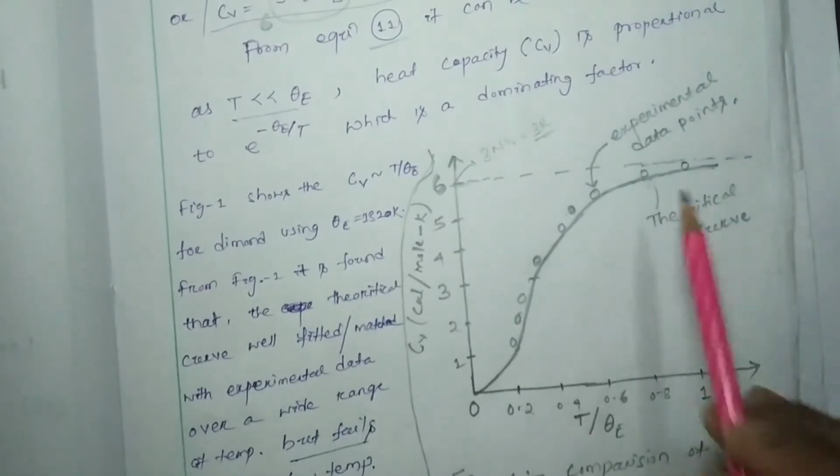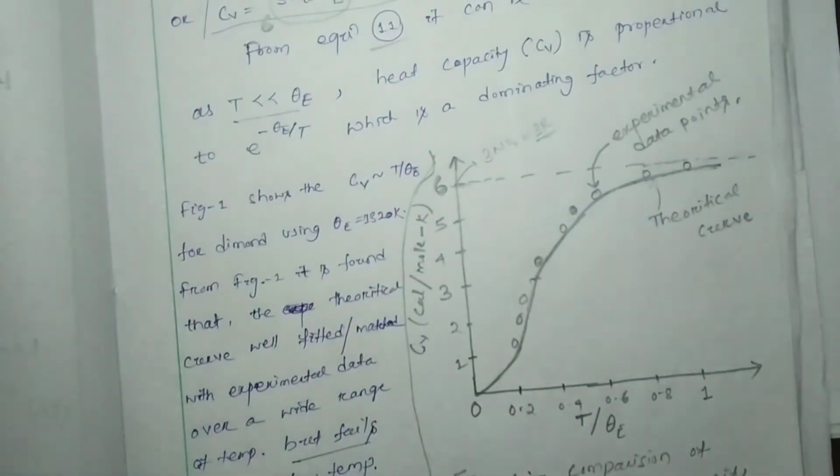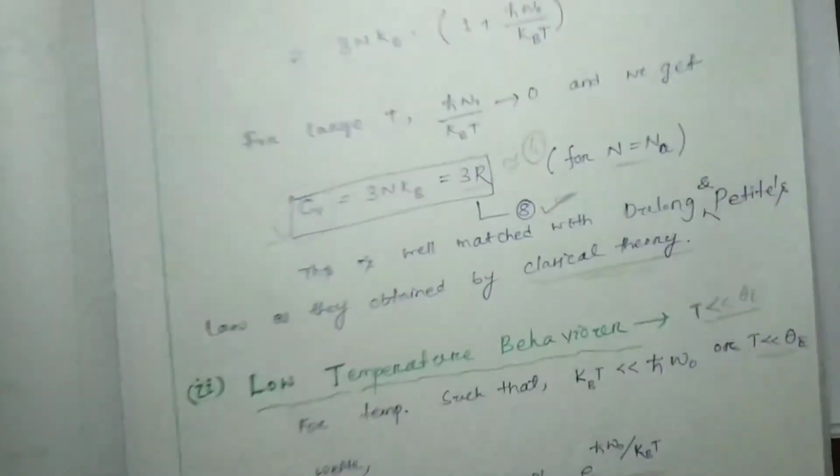That means at higher temperature the Einstein model is equivalent to the classical model result. Whatever result the classical model gave, it matches the Einstein model at higher temperature.